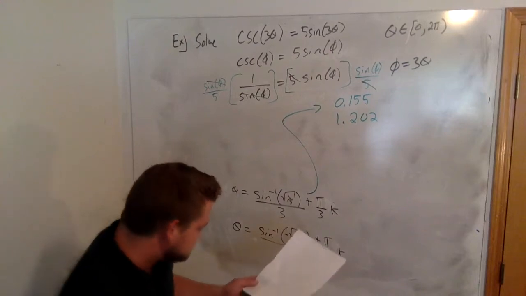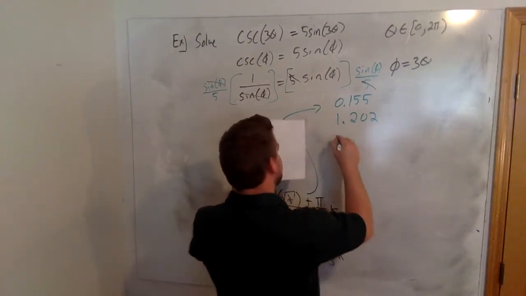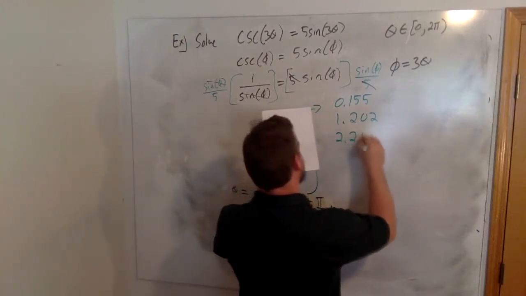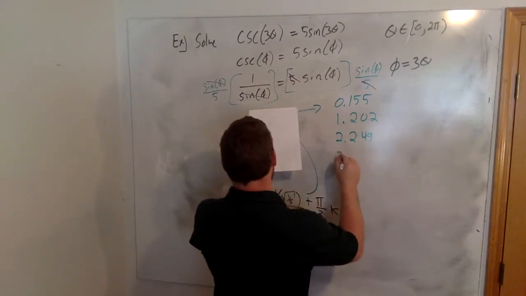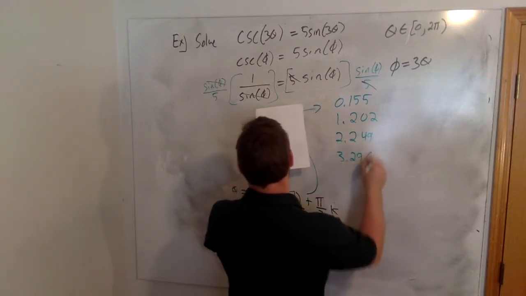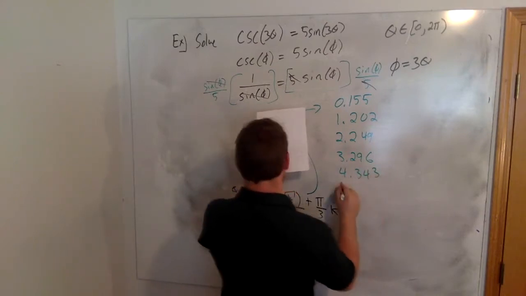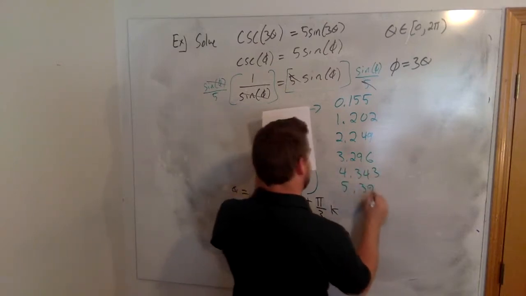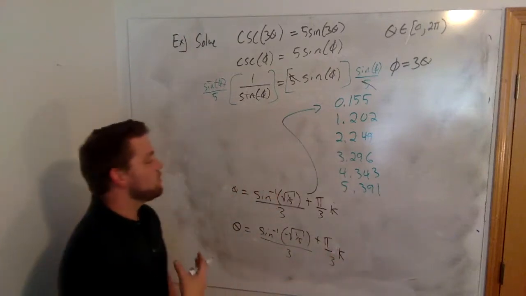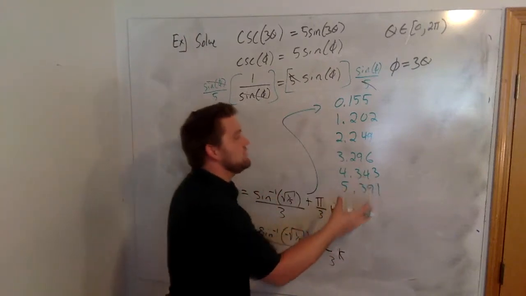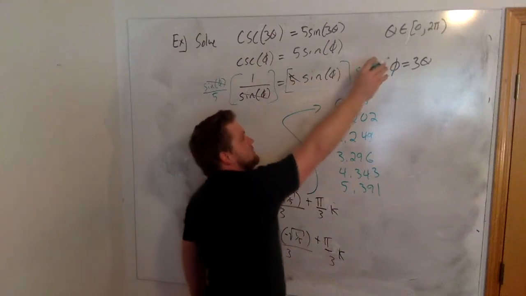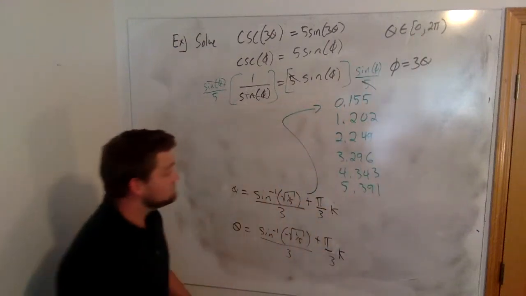So if you plug in k equals 3, you should get 2.249, then 3.296, 4.343, and then 5.391. And if you were to add another multiple of pi over 3, you would be out of the interval from 0 to 2 pi.